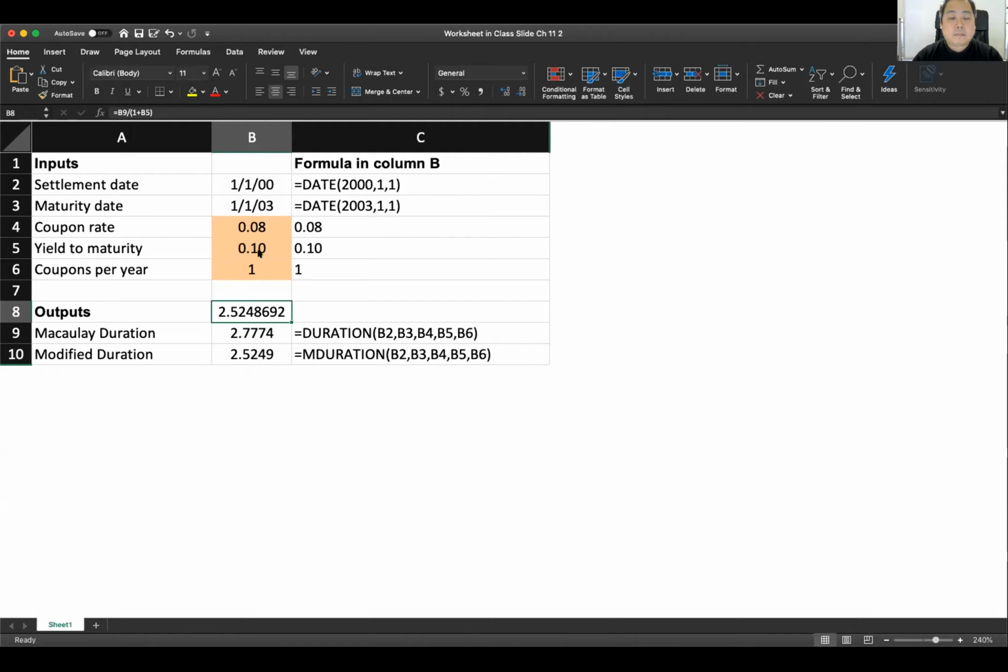Still the same numbers. This is 2.5249, right? So we can just verify that. You can use the duration function or M duration function to get the Macaulay duration and modified duration. So let's continue.